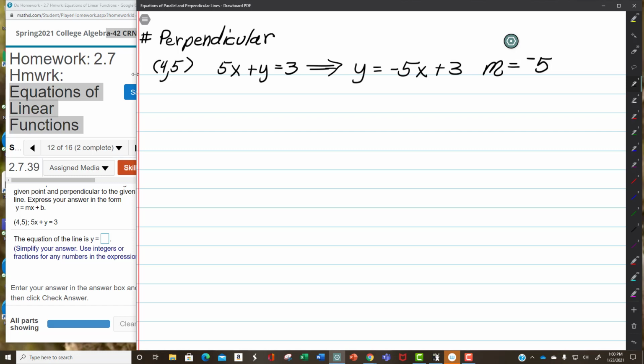Okay, follow these steps when you have a perpendicular line. A, write the slope of the given line.